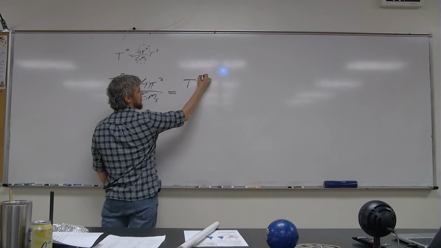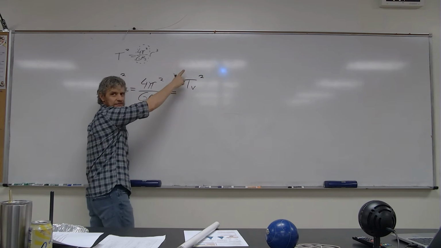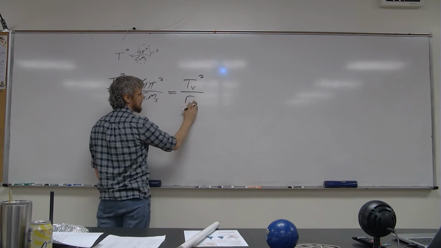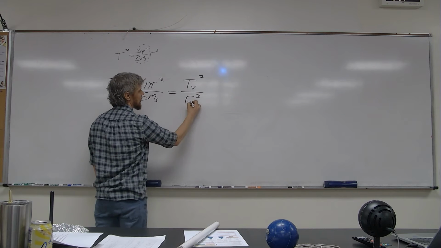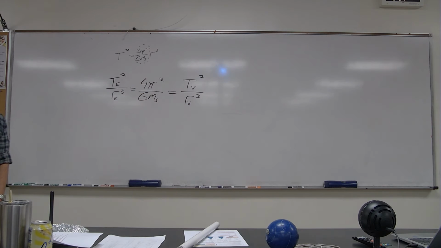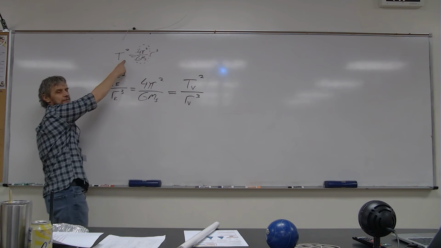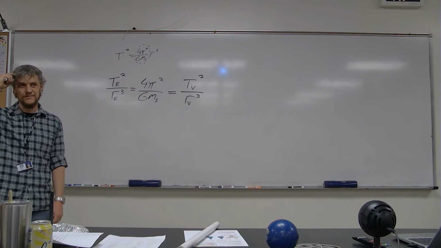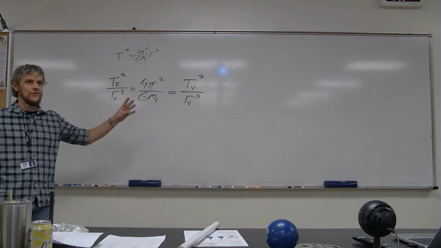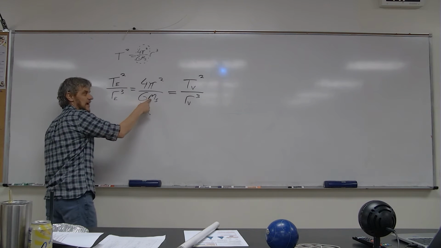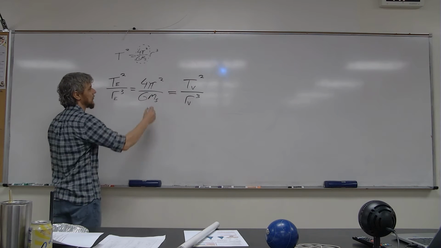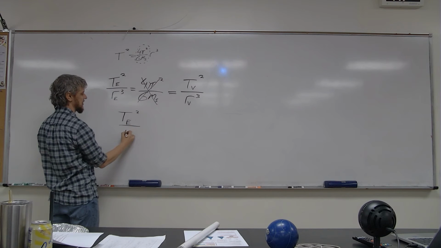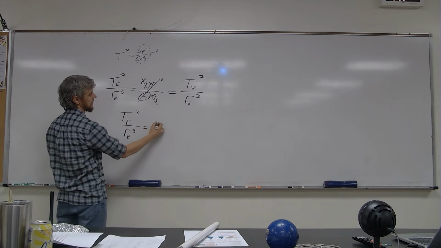This is also the ratio of the square of the orbital period for Venus to the cube of the orbital radius for Venus, right? Because you could do the same calculation for Venus, or for the Earth, or for Pluto, or for Neptune, or for an asteroid in the asteroid belt, or for a comet out in the Oort cloud. And if it's orbiting the mass of the sun, then these will always be true, which means we can just bypass the middleman and compare these ratios for objects that are orbiting the same thing.